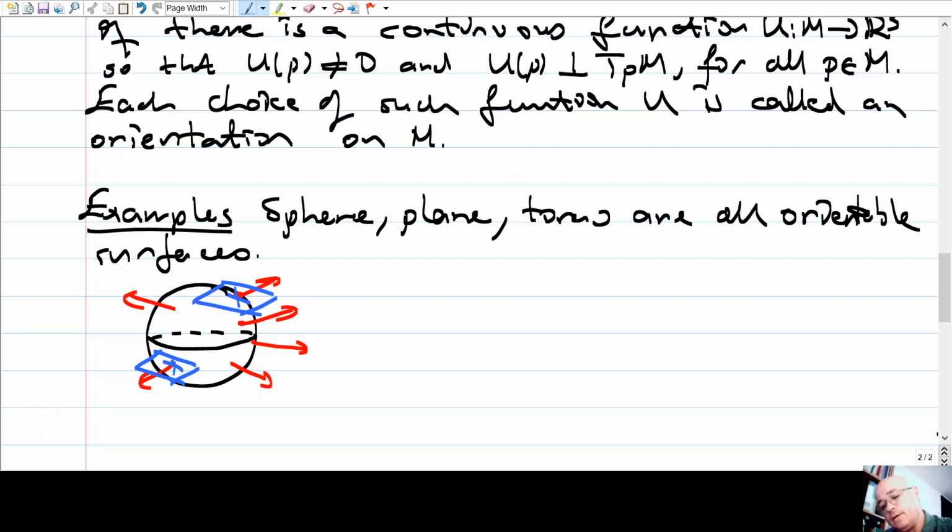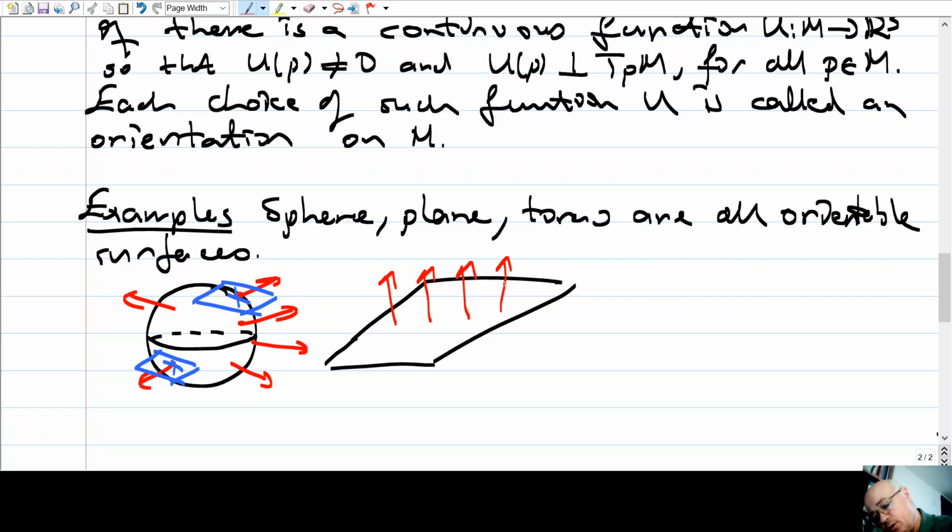So okay, the plane is an orientable surface. Here is a continuous normal field. At each point, I just choose this vector field.